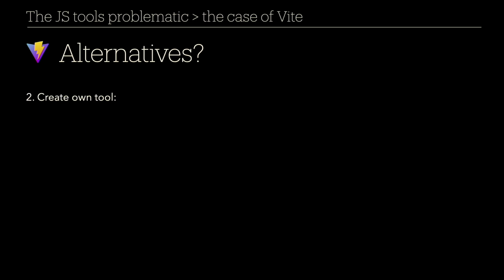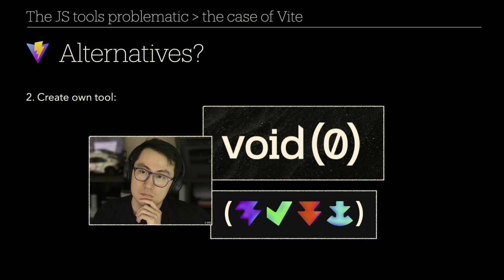So the other option is creating a new tool, an own tool which is really designed to bridge this gap that we have between, let's say, ESBuild and Rollup, to make things simple. And that's the mission of Void Zero. Who heard about Void Zero here? Yes, good.